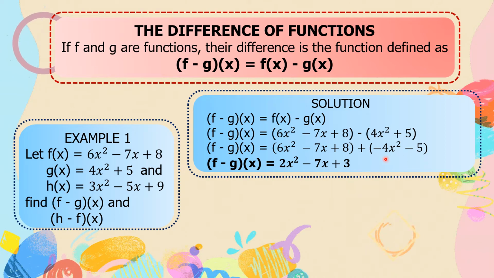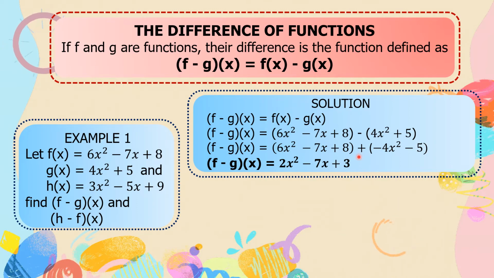I repeat, yung rule natin is change the sign of the subtrahend and proceed to addition. And then I just copied the minuend, which is 6x squared minus 7x plus 8. Ngayon, i-add na natin. Siyempre, i-add lang natin ang mga similar terms.